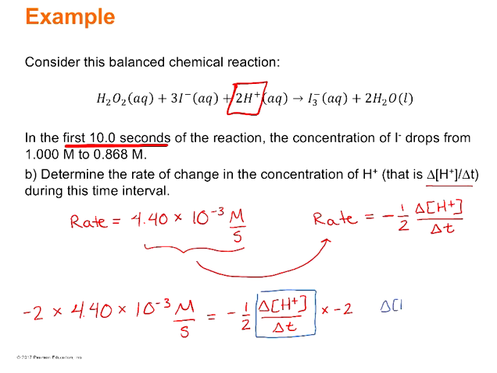So delta H plus over delta T, that should equal, let's see, -8.8 times 10 to the -3 moles per liter per second. And I apologize, I ran out of room there.